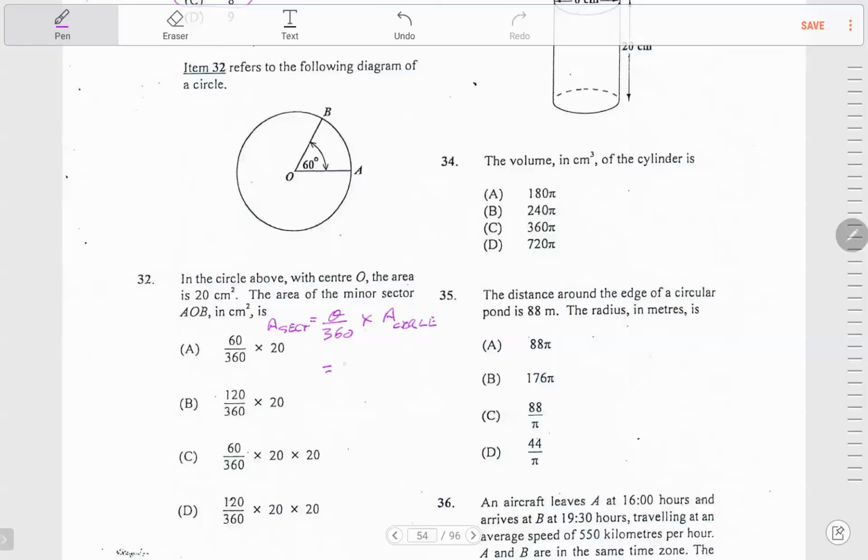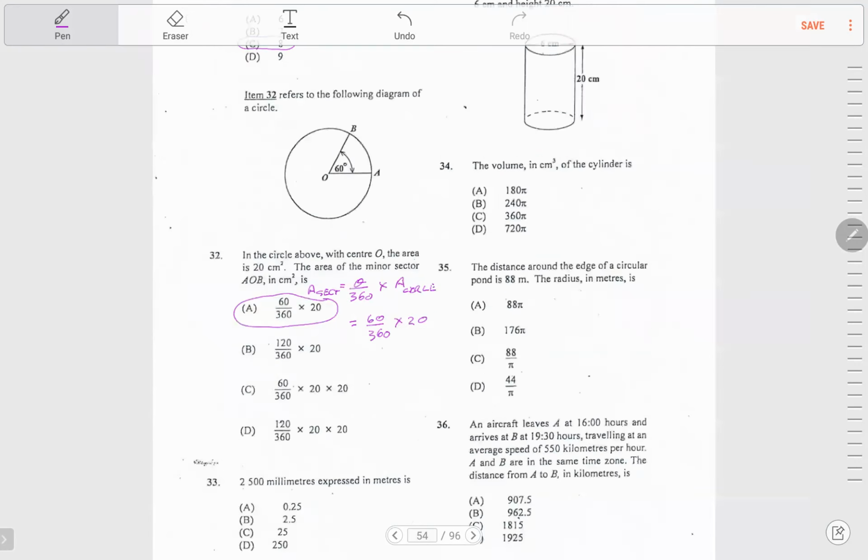So that is 60 over 360 times 20. The area of the circle is 20. So the answer for that one is A. They don't want the recorded value, they left it like a formula. So that's it. A.